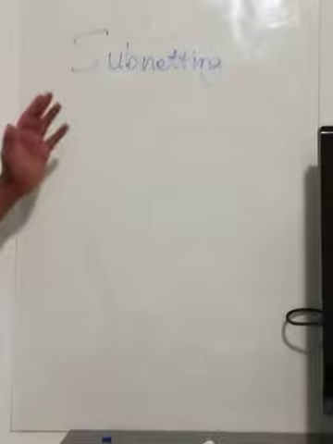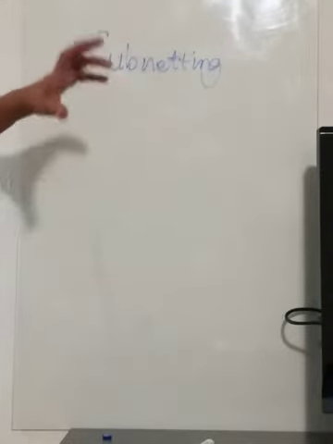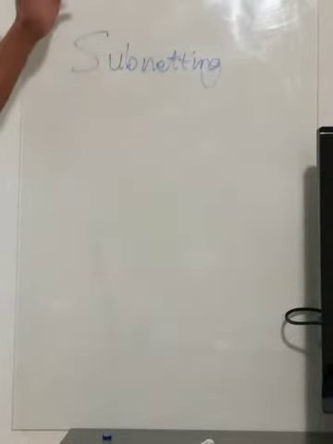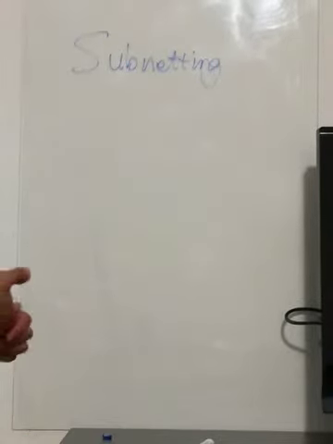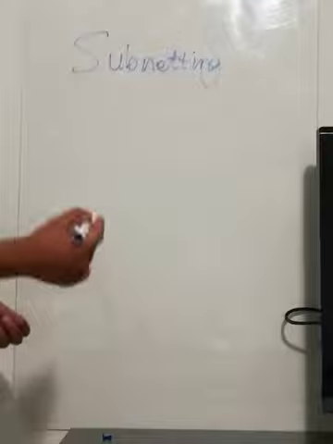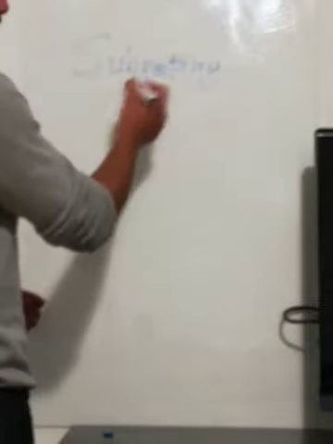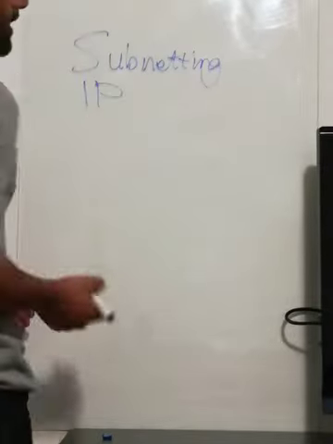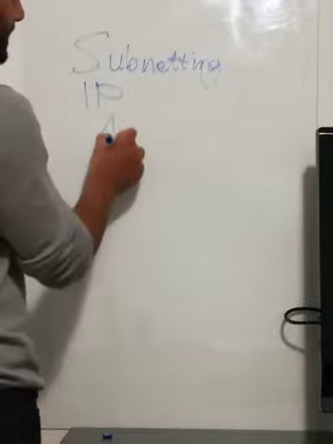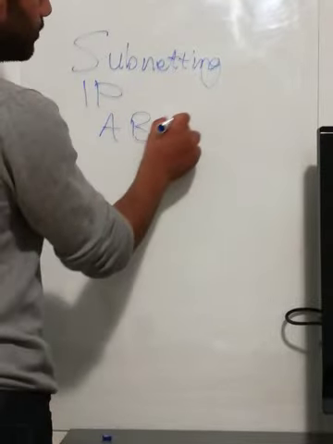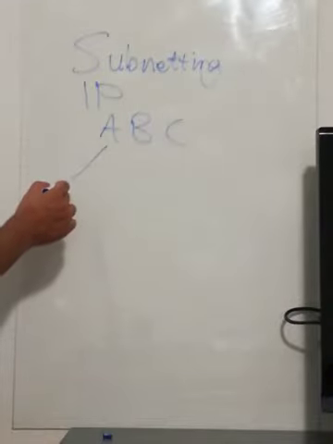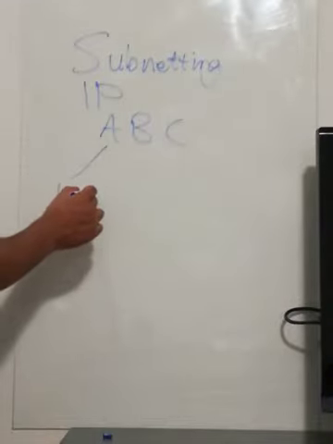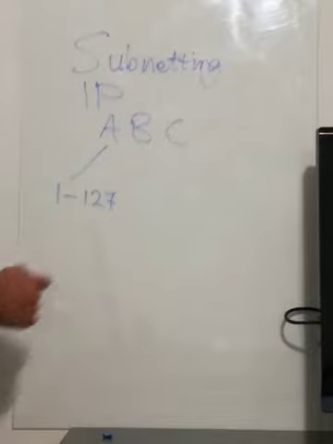Subnetting is the process of splitting one internet protocol address into sub network addresses. What does it mean? We have IP addresses. You better know that we have class A, class B, class C. Class A starts from 1 to 127.